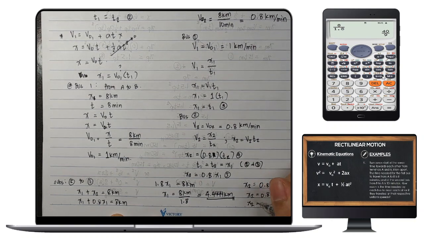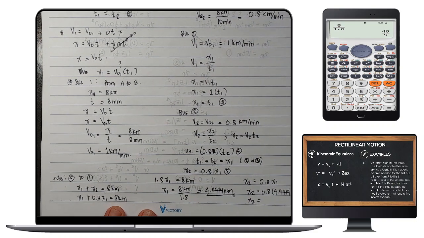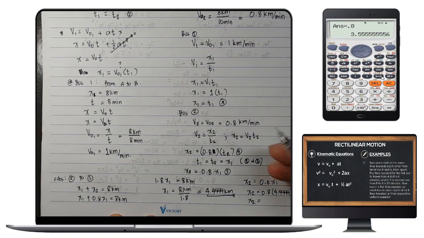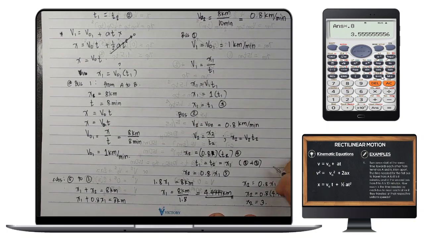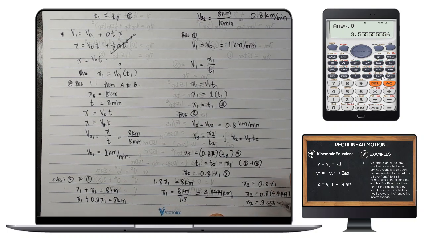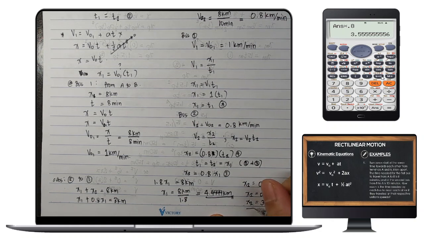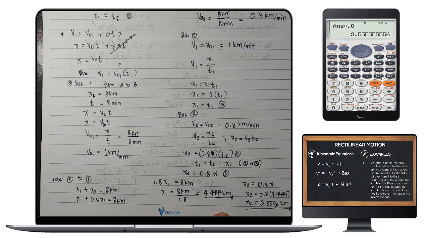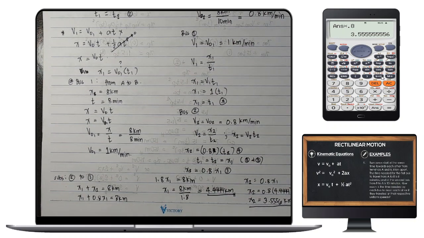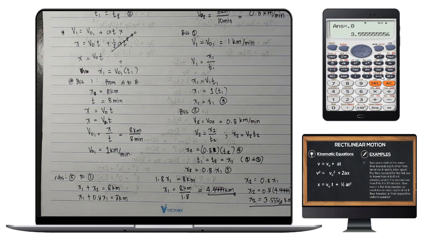So x sub 2 is 32 over 9 or 3.5556 kilometers. Or you may subtract 4.4444 from 8 and you will surely arrive at this value of 3.5556. Okay? They are the same.